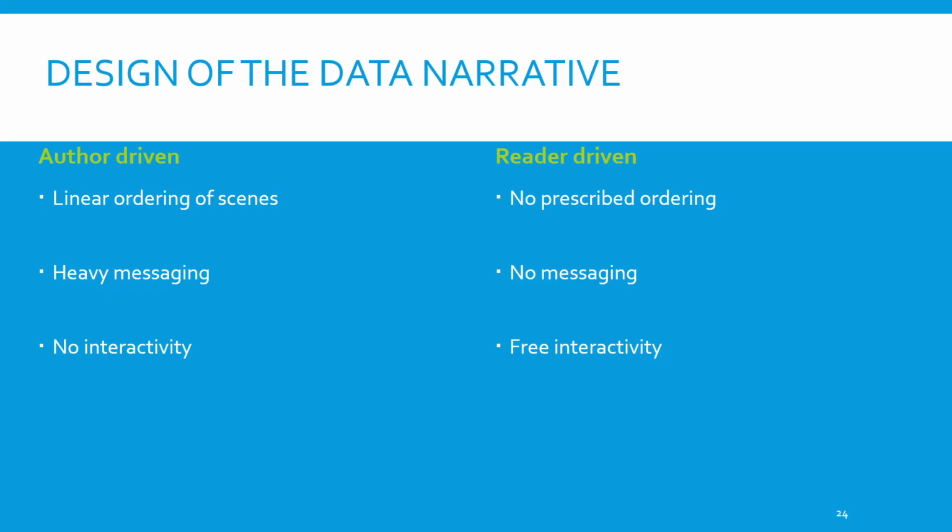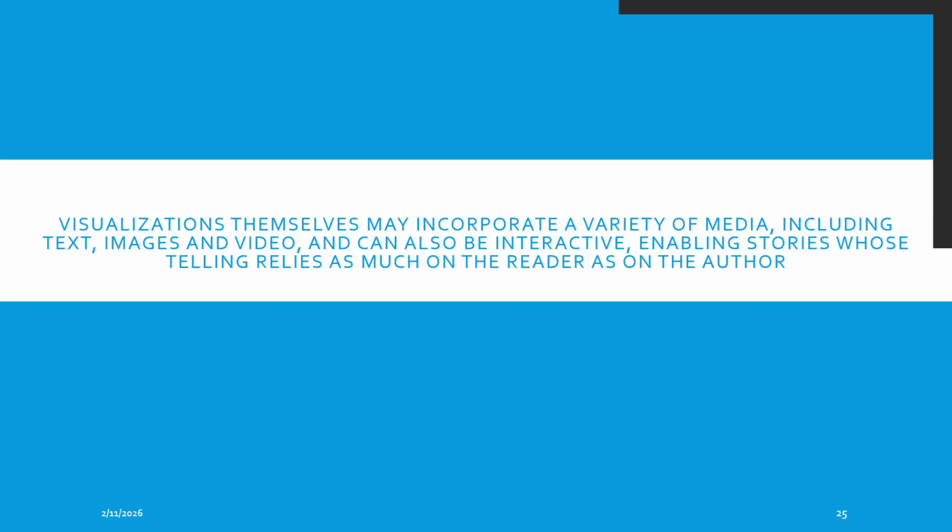And there is not a specific message that we want to transmit, because the message is discovered by the reader in the way that they interact with the data. And that's the particularity. There is a free interactivity with the data, and then they can draw their own conclusions and they can create their own story based on that data narrative.